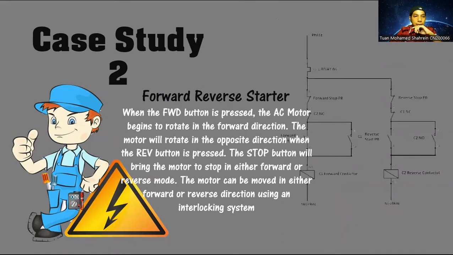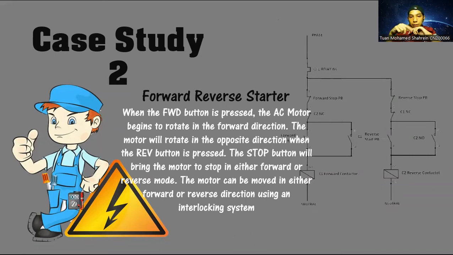The second case study is the forward reverse starter. When the forward button is pressed, the AC motor begins to rotate in the forward direction, which is clockwise. The motor will rotate in the opposite direction, anti-clockwise, when the reverse button is pressed.